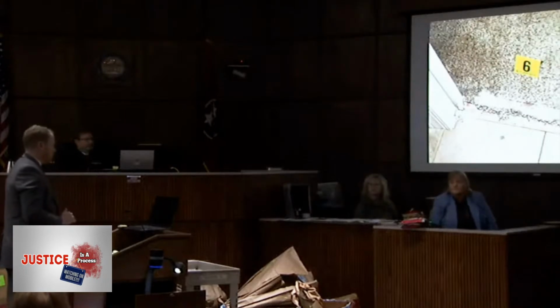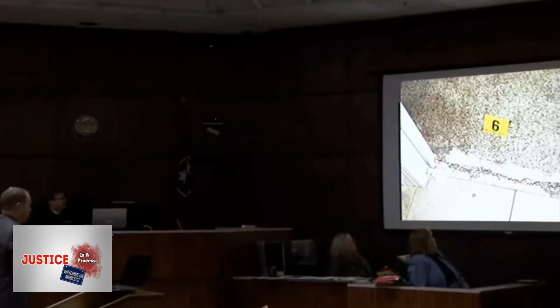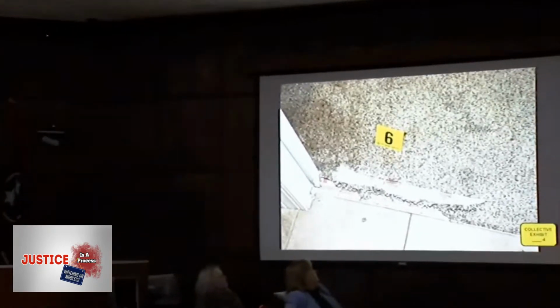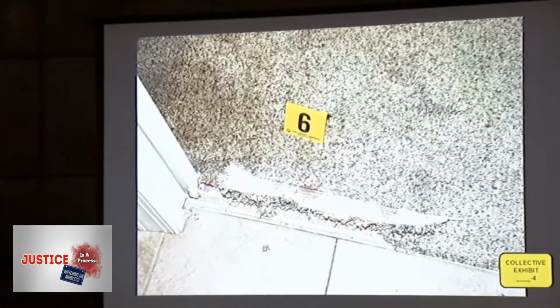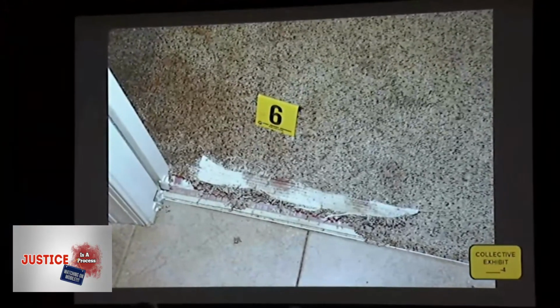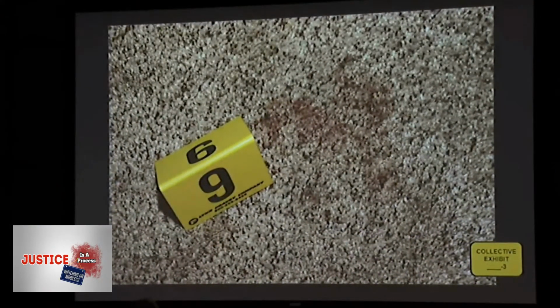the items that we're talking about, is that piece of carpet from the threshold between the bathroom and the bedroom? Yes. We read stain at evidence marker 9. Yes.